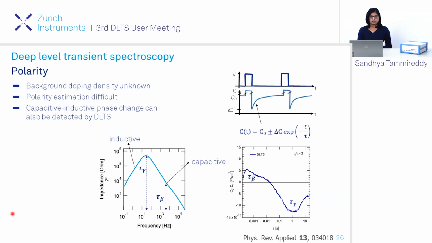In this example, exactly at the point where you see the transition in the impedance spectroscopy, you observe the transition from one defect type to the other, indicating that this phase shift from capacitive to inductive behavior can also be seen as defects with different polarity when it comes to ionic conductors.